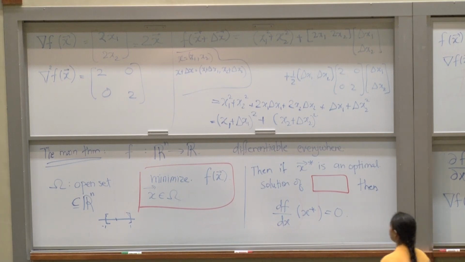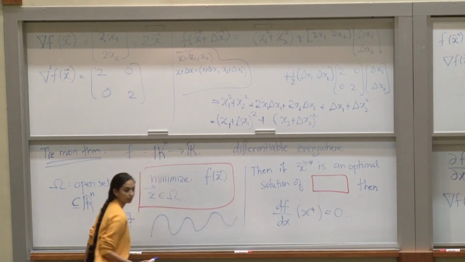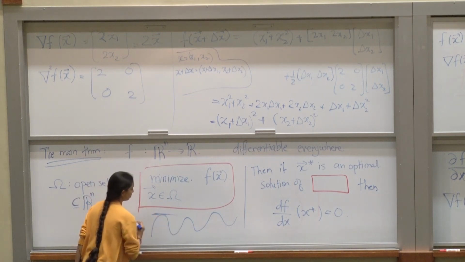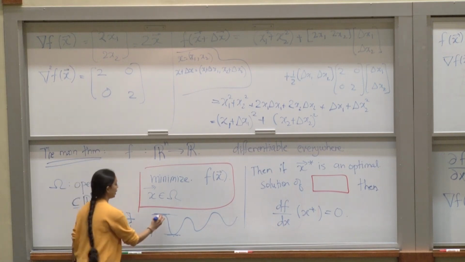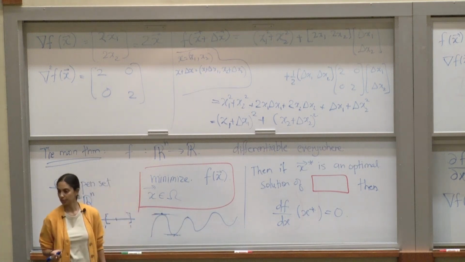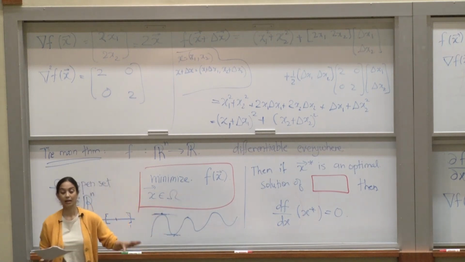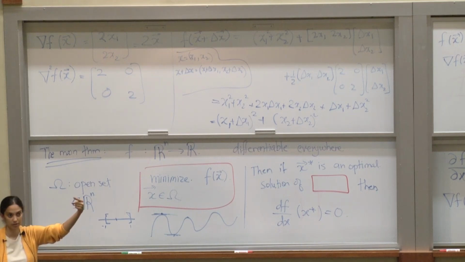So if I had some general function like this, any optimum point, whether it's going to be a max or a min, is going to happen at locations where your derivative is 0. That's what this theorem is saying. Note that this is not saying that every time your derivative is 0, you have an optimum point. It is saying that if you have an optimum point, then your derivative is 0.